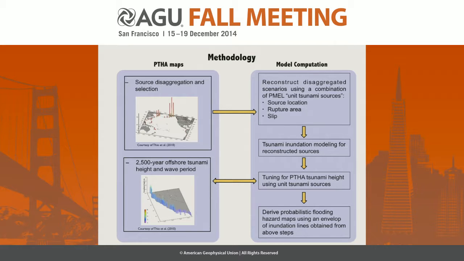So after we have some reconstructed sources, then we will be running the tsunami model to get the computed offshore tsunami amplitude, and then we will compare those at the locations where we have the PTHA values, and then we'll further adjust the source until we get satisfactory results with the comparison, and then we'll determine the source.